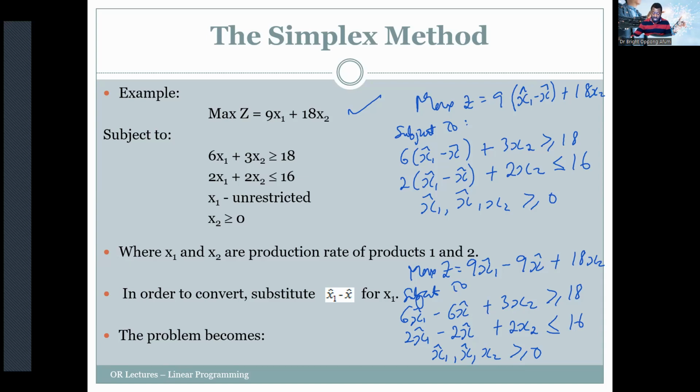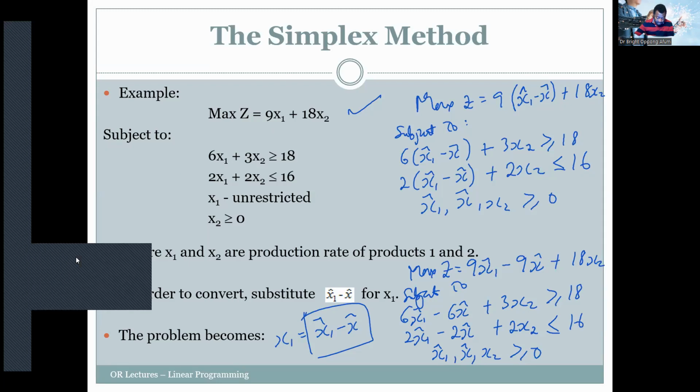Later on we can replace x1 is equal to x1 cap minus S cap. We replace these values and that becomes our x1, right? That's how it works.